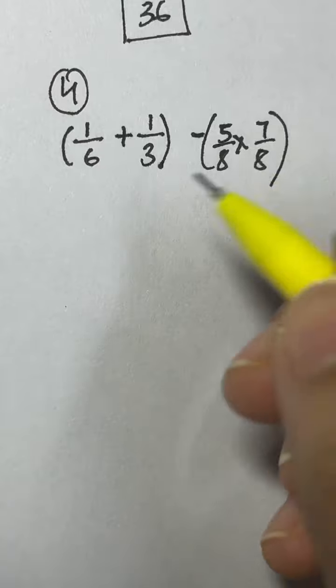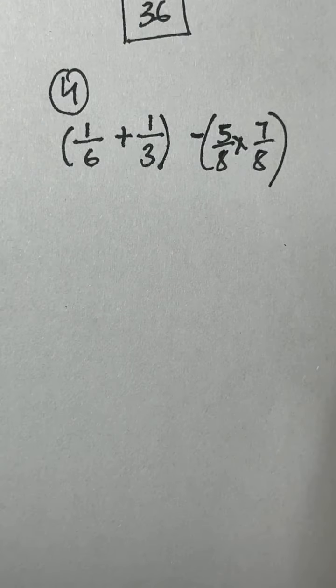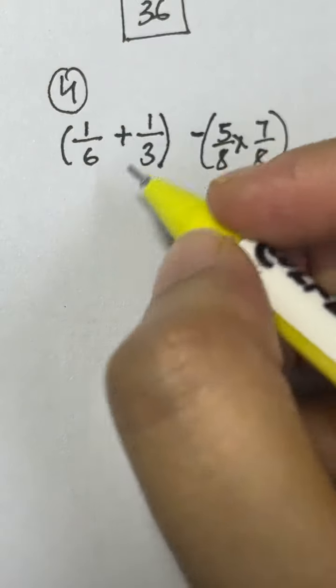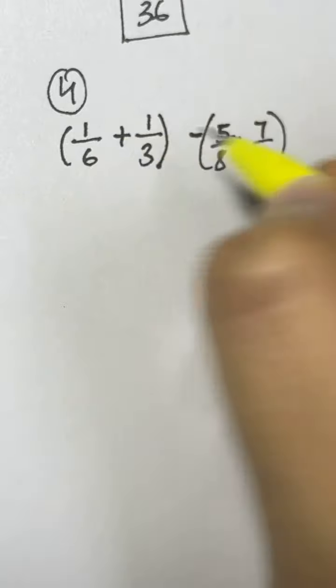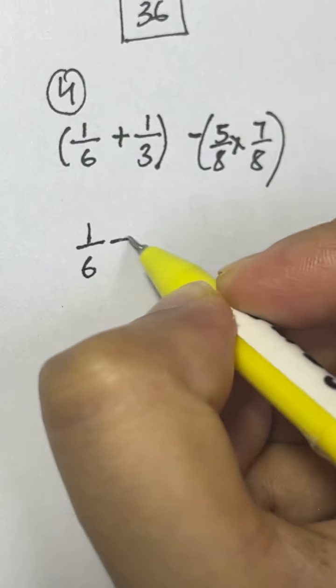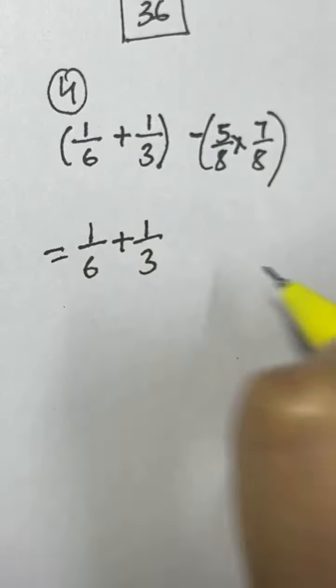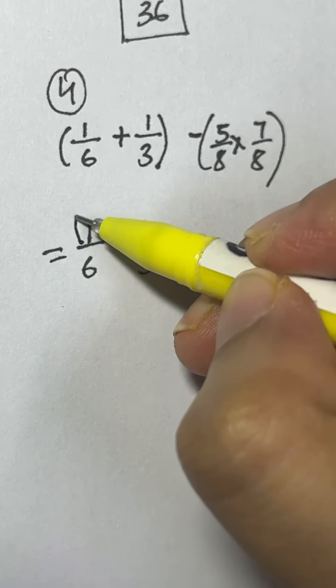You have 1/6 plus 1/3. You can even try out with LCM, or you can use the butterfly method. Let me use the butterfly method. So what I'm going to do in this 1/6 plus 1/3, just going to make the cross bubbles.